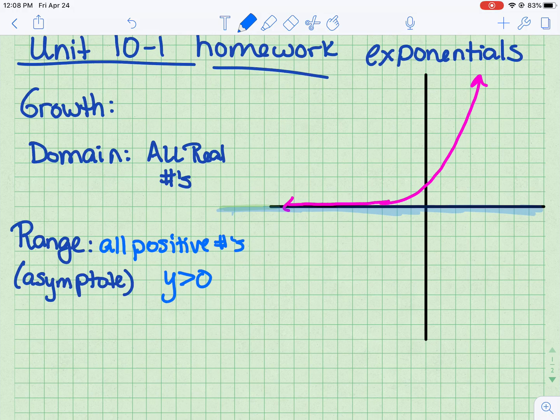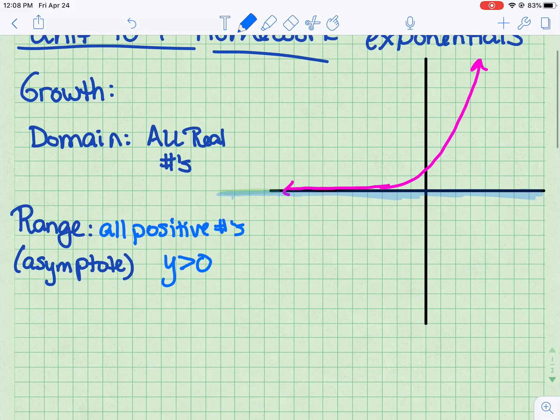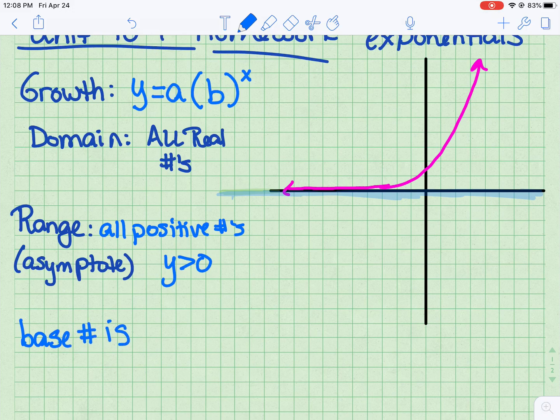If we're looking at the equation of a growth, there's a couple parts to it, but generally it looks something like this: y equals a times b raised to the x. If the base number, the b, whatever's raised to the x, is greater than 1, it's growth.